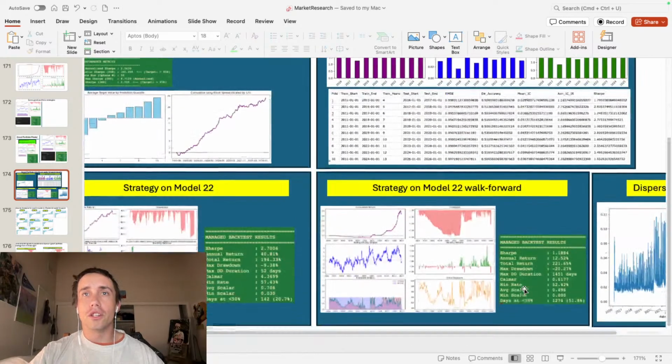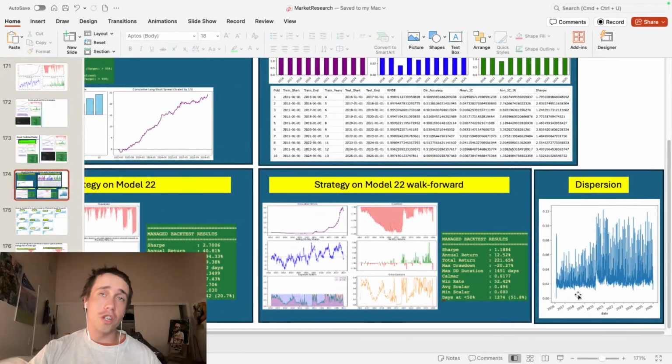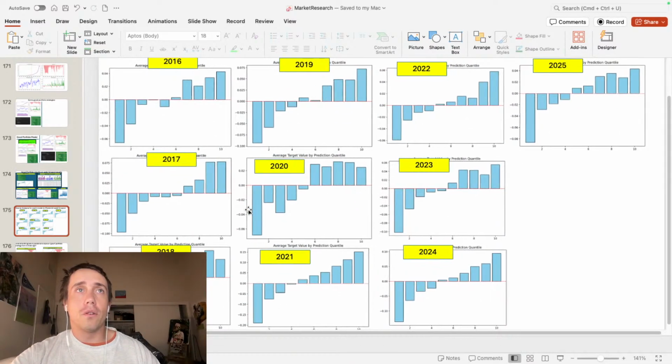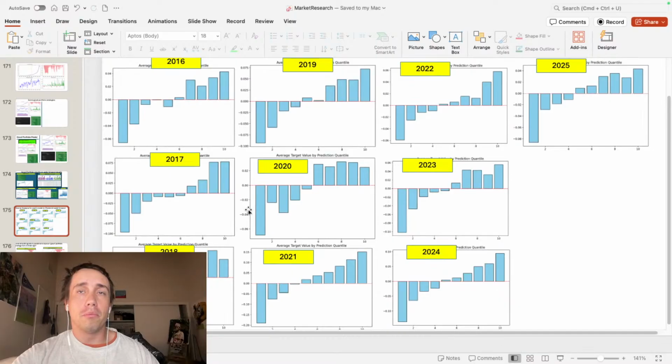So there are these 2 regime changes, basically, and I think one or both of them is driving the problem here, that it basically does poorly before 2022 and well after, or well before 2022 and poorly after. Also, if I look at the decile analyses for each of the walk forward models, you see that they're not all perfectly monotonically increasing, and the spread is changing a lot between these models.